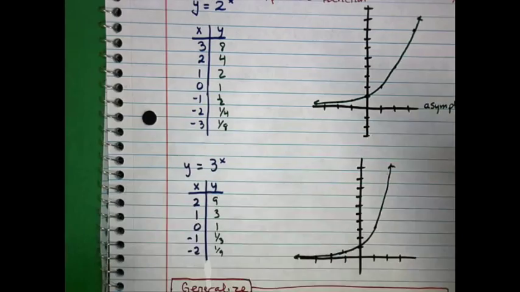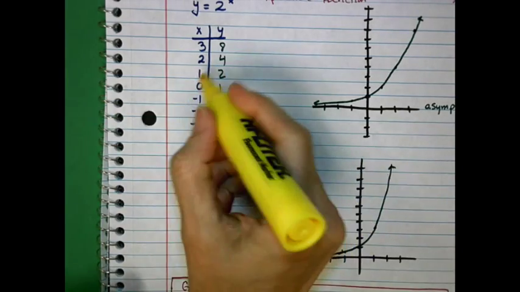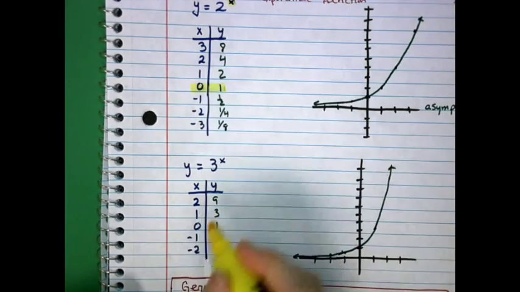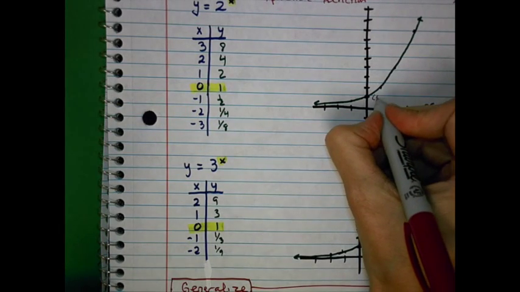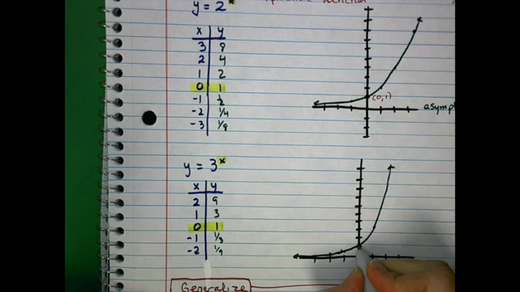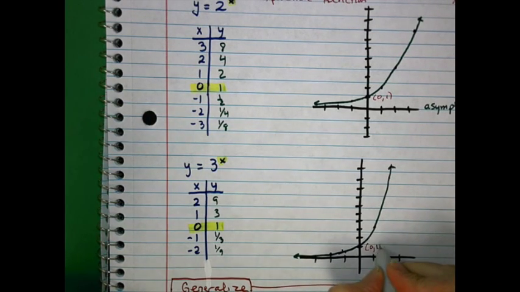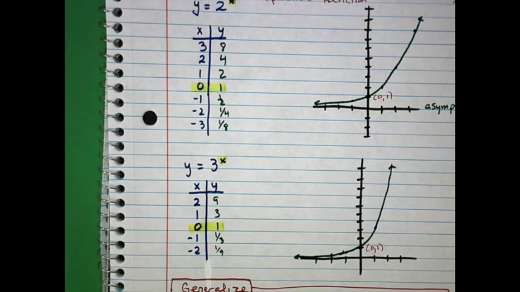All of them, when you plug in 0 for x, you're going to get 1 because anything to the 0 power is 1. So you're always going to have a point 0, 1 on every exponential function that doesn't have any shifts involved, no matter what the base is.